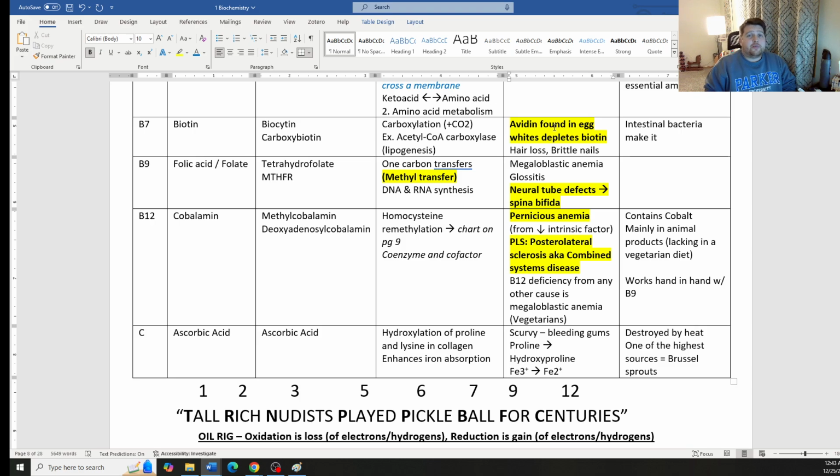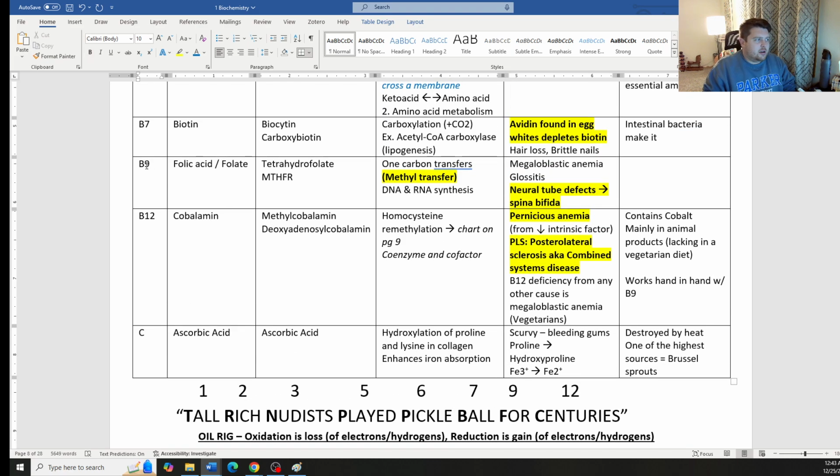So biotin is found commonly in the yolks of eggs, and the egg white has a component that breaks it down. So this is actually specifically why when you cook an egg, the best type of egg is like an egg over easy or cooked with the yolk still slightly runny, because heat also can destroy a lot of our vitamins. But yeah, that's the most common context that this is asked in, that avidin is in egg whites and depletes biotin.